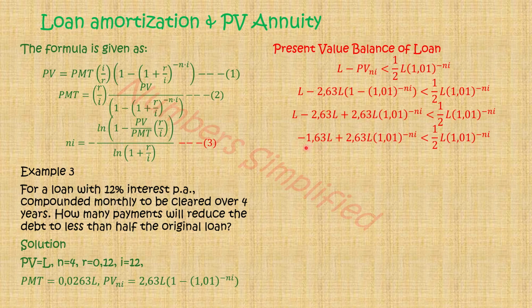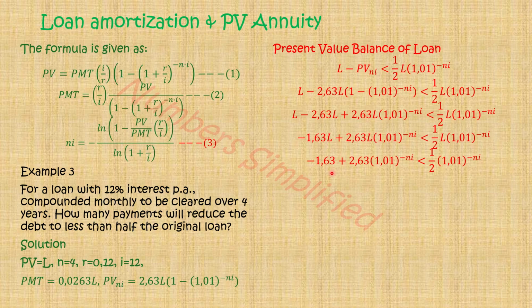So now we are going to move the terms with the power minus ni, which is the 2.63L times 1.01 to the power ni rather. Of course, the next step would be to divide throughout by L, since we have L in all three terms.